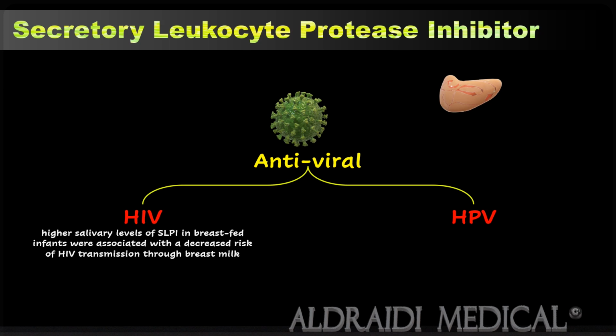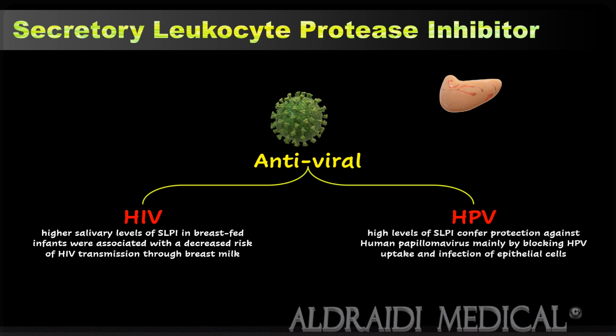Higher salivary levels of SLPI in breastfed infants were associated with a decreased risk of HIV transmission through breast milk, and that's an indicator of its anti-HIV properties. Also, high levels of SLPI confer protection against human papillomavirus, mainly by blocking HPV uptake and infection of epithelial cells.